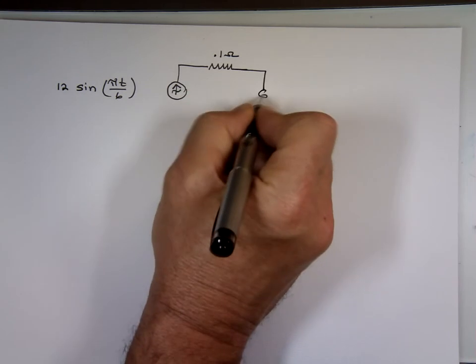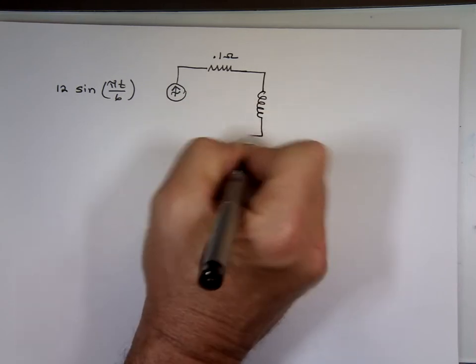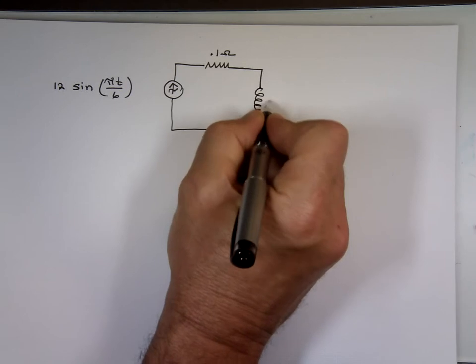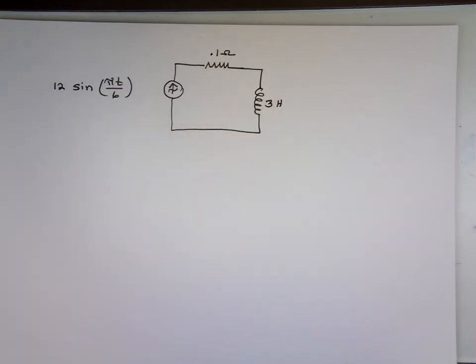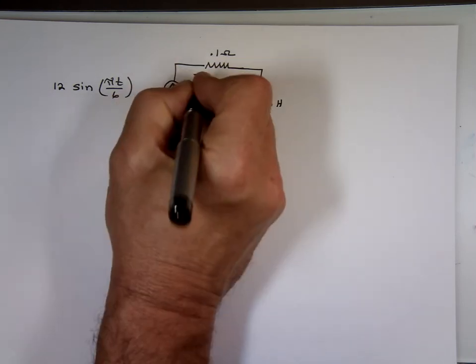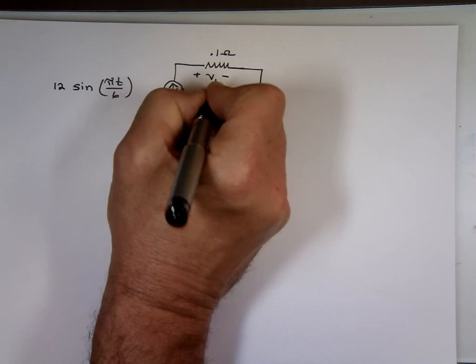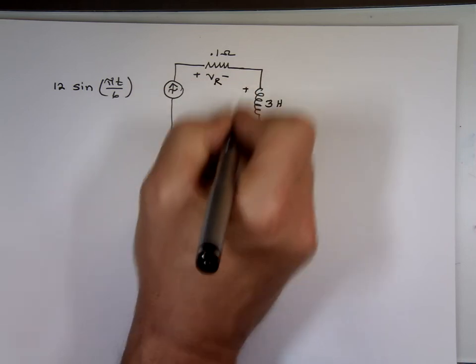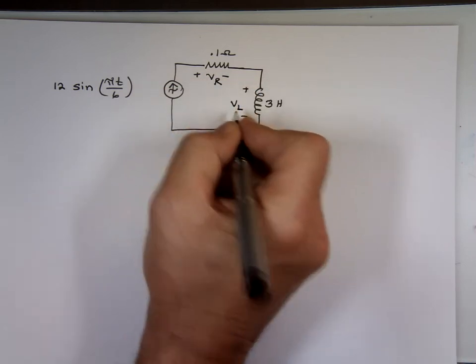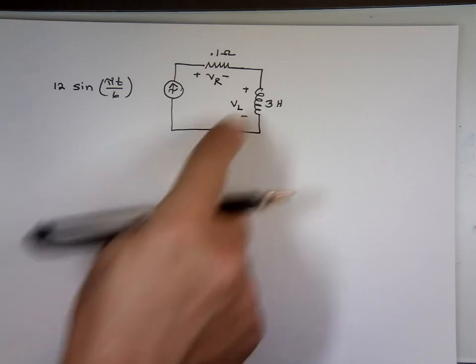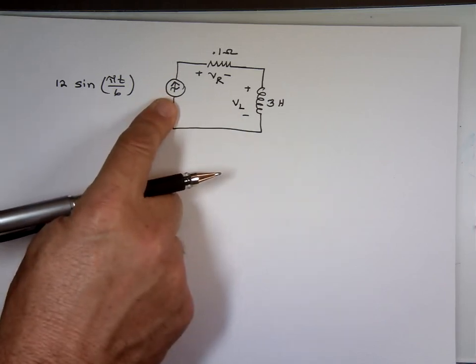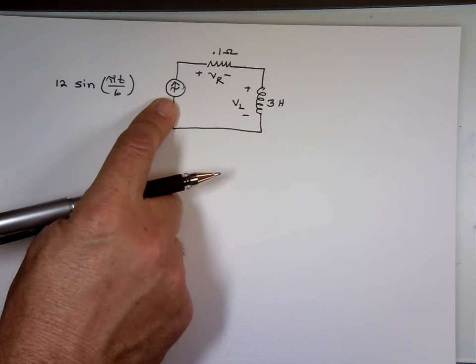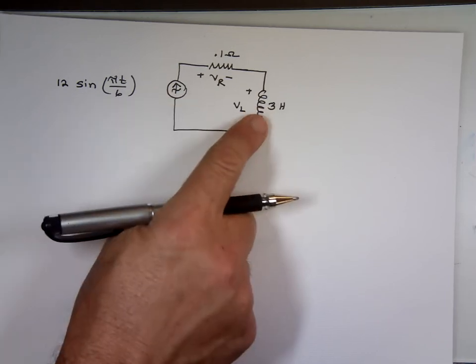We used the 3 henry last time. Let's stick with it. And the question: can we figure out what the voltage here is, VR, and what VL is? If we know what that is, we can figure out the voltage across the source if I need it. Then we'll calculate how much energy is stored in that inductor.